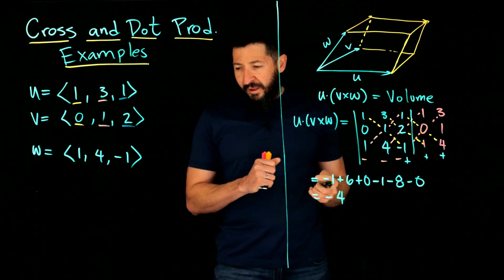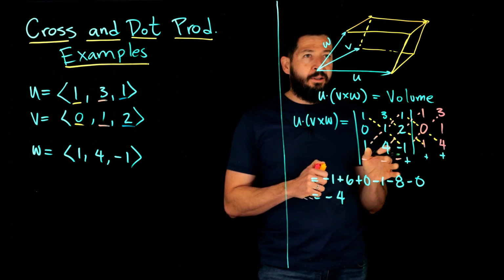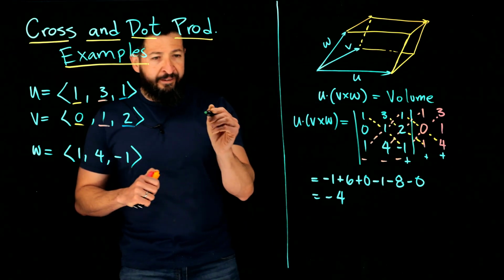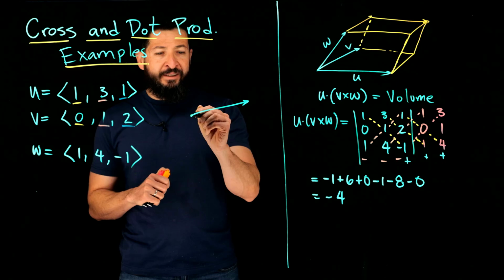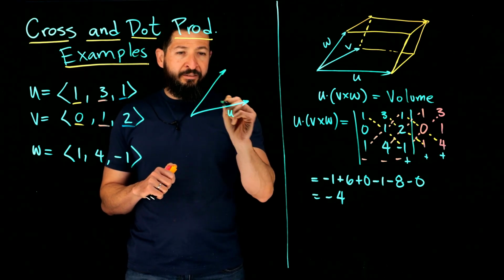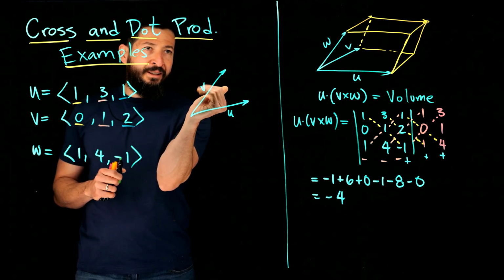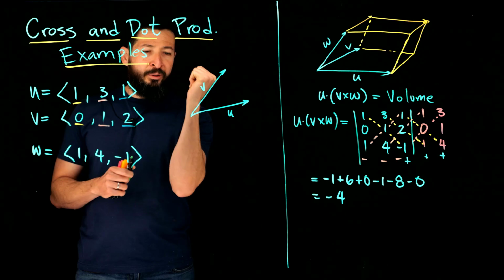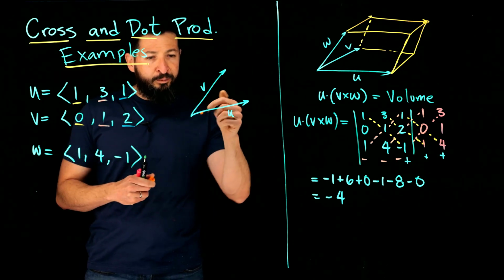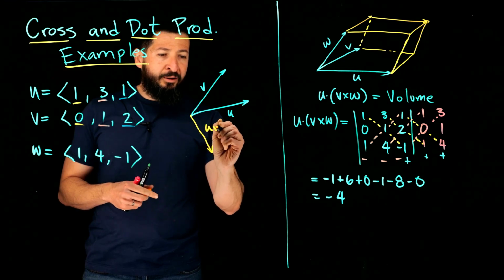And the last thing I'm going to talk about is the direction of the cross product. The cross product satisfies the right-hand rule: if you have u and v, when you're doing the cross of u to v, it's going to be pointing in this direction. So the cross product is going to be perpendicular, and it's going to be going in this direction.